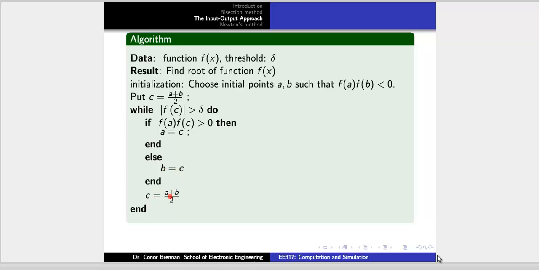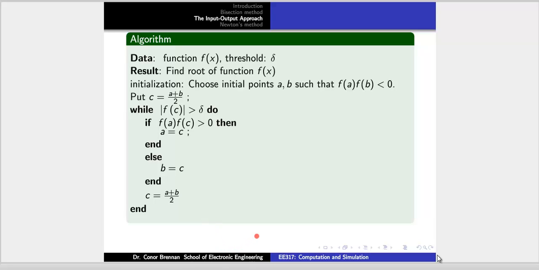Then make our new interval ab and our new midpoint c, and keep on looping around this while loop until we find a value of c that satisfies this criterion. Very, very simple. Eight lines of code, very robust. It'll always work. It'll always find your root.